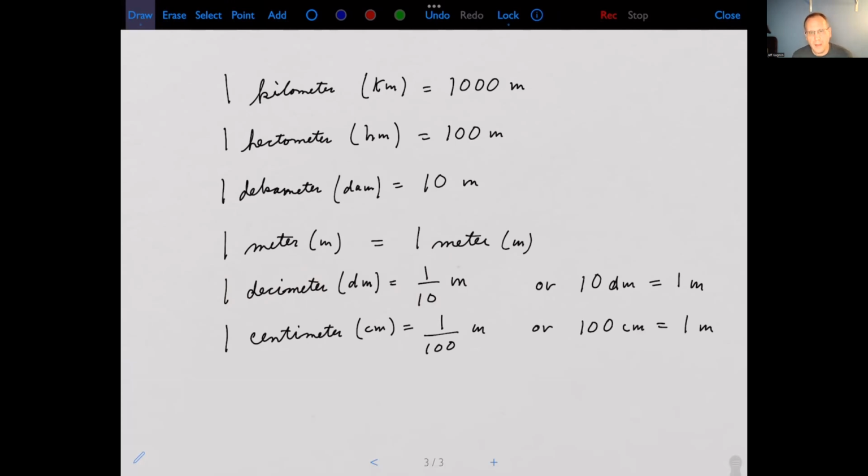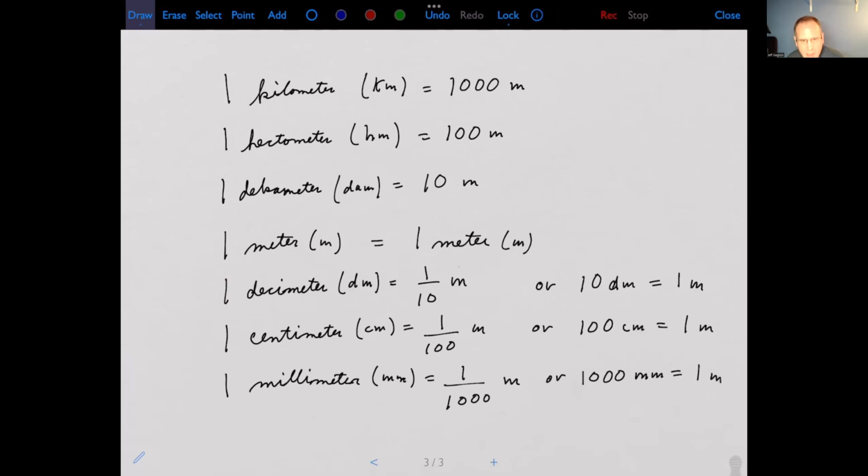And then finally, 1,000th of a meter is called a millimeter. So 1 millimeter, which is abbreviated as mm, is equal to 1 over 1,000, right? 1,000th of a meter. Or we could say that there's 1,000 millimeters in 1 meter.